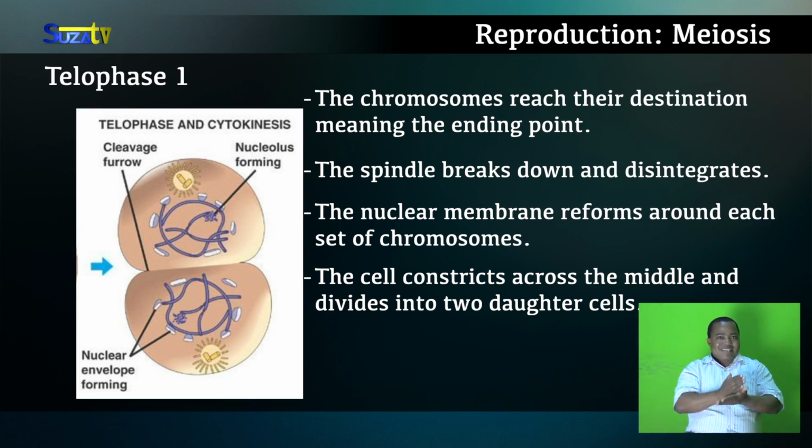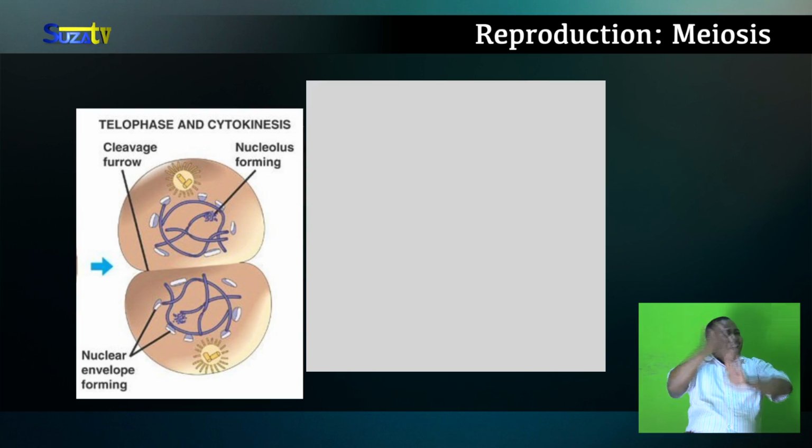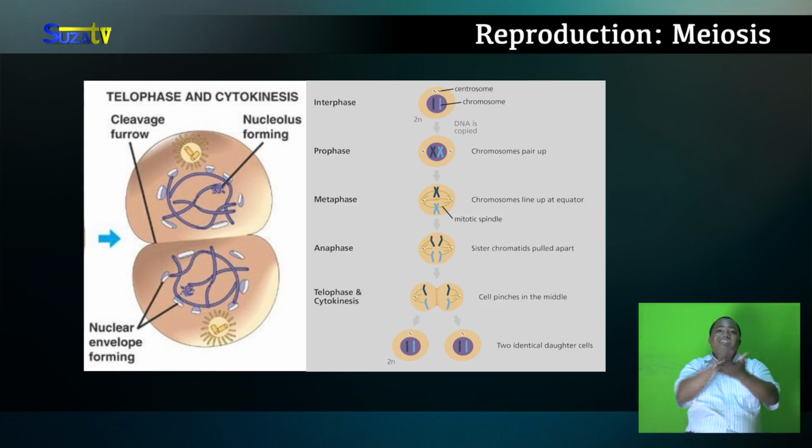In this phase, the number of chromosomes in each cell is half the chromosome number of the original.